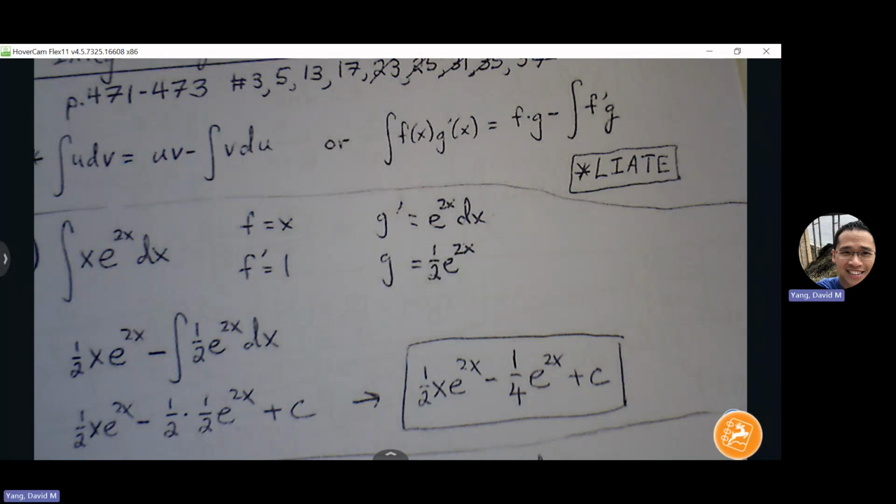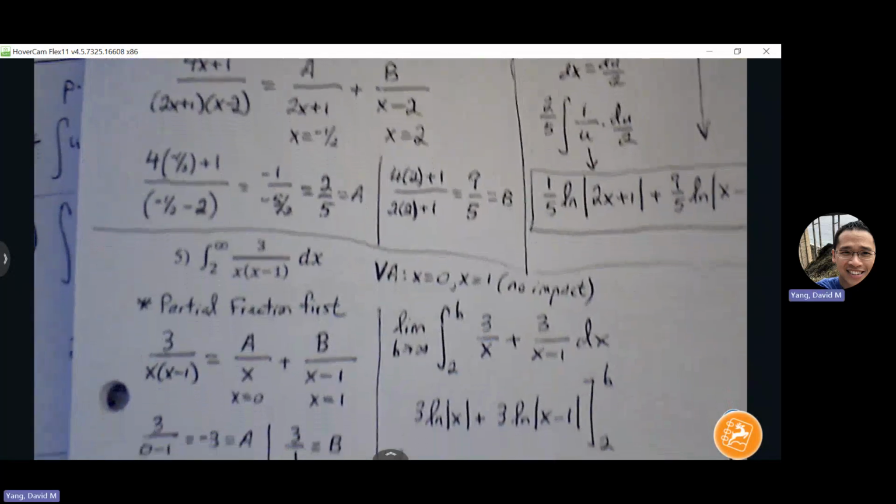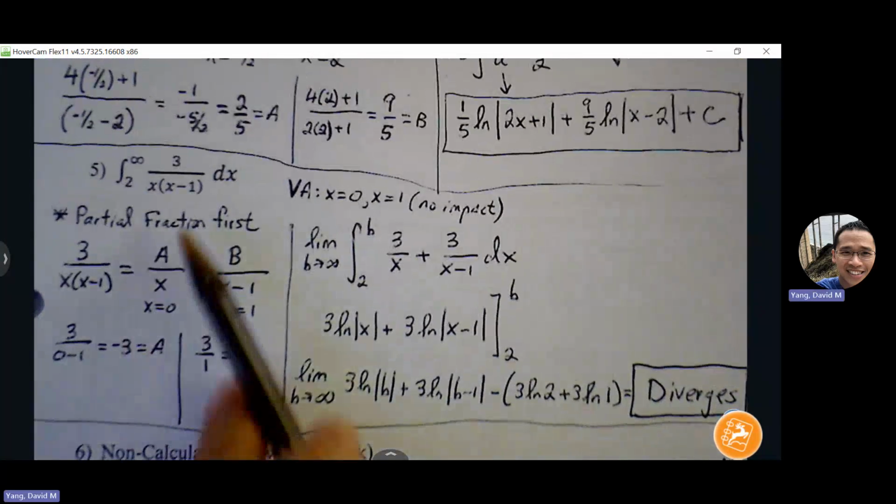It was 5 on the worksheet. Oh, yeah, so it was an improper integral that also required us to do partial fraction.